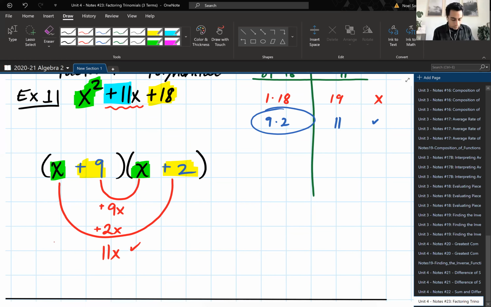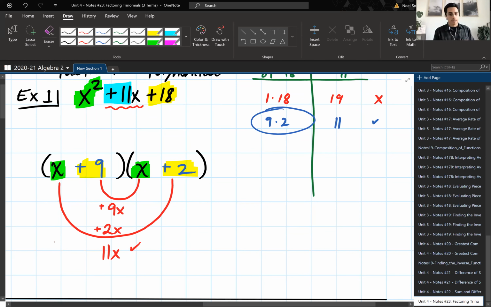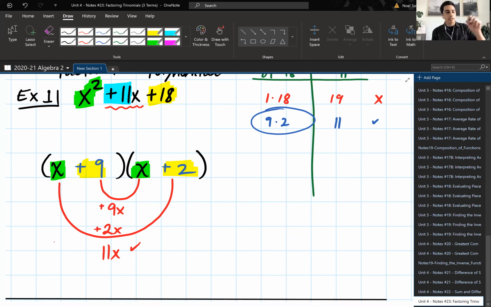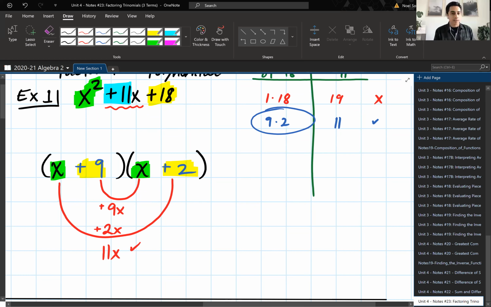So this is a quicker way of testing rather than having to distribute and check all four terms to make sure that it eventually gives you x squared plus 11x plus 18. You basically check what are my two front terms. Those get multiplied together. They give me x squared. We're good. What are my two actual factors, positive 9 and positive 2?